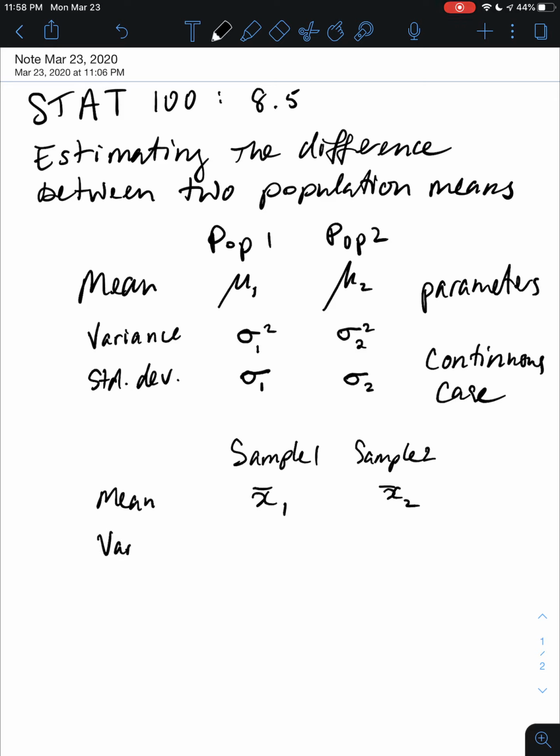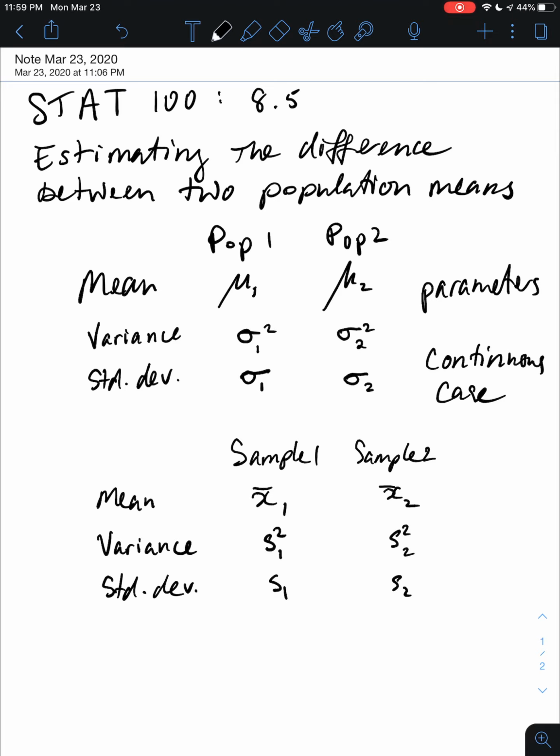We have a sample variance. We use the letter S for sample variance, S squared sub 1 for the sample variance of sample 1, S squared sub 2 for the sample variance of sample 2. We can have standard deviation, and those are just S sub 1, S sub 2 for the respective samples.